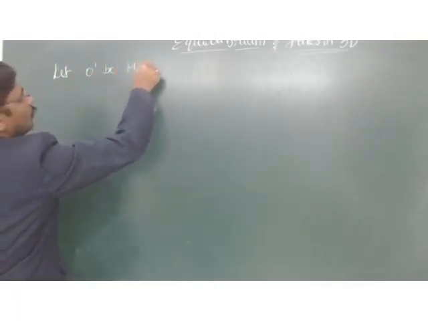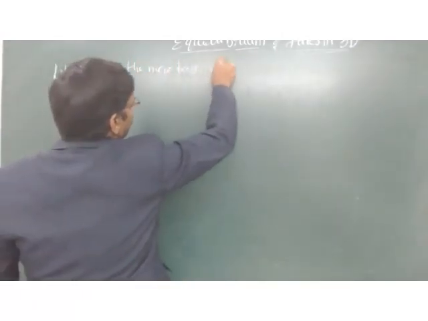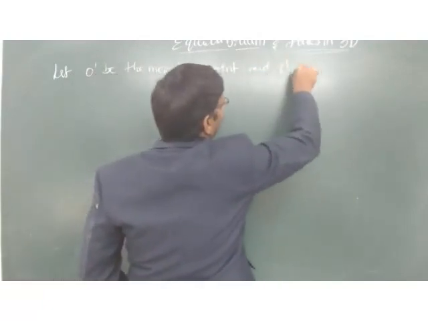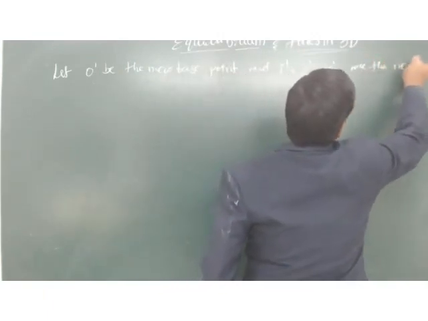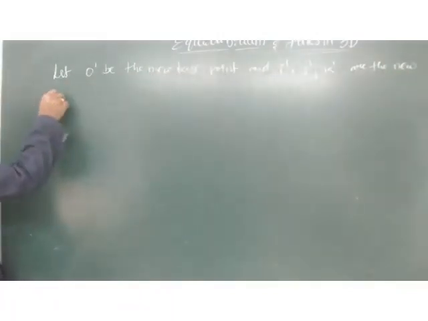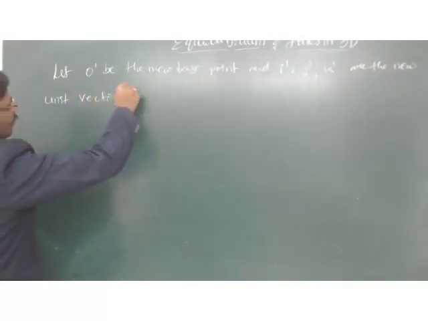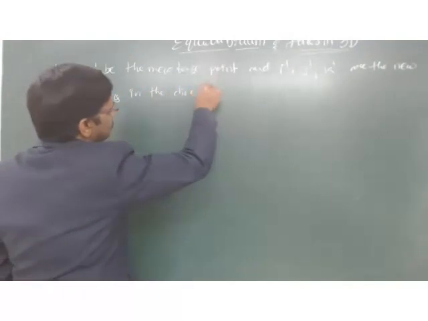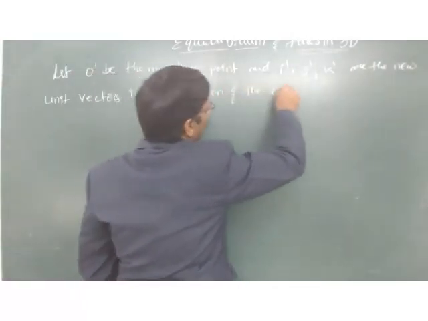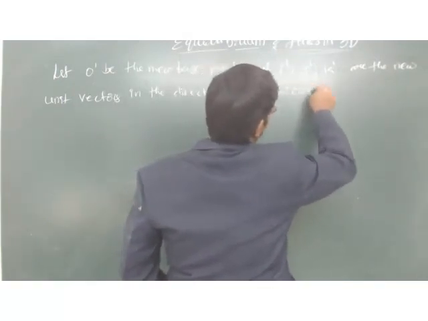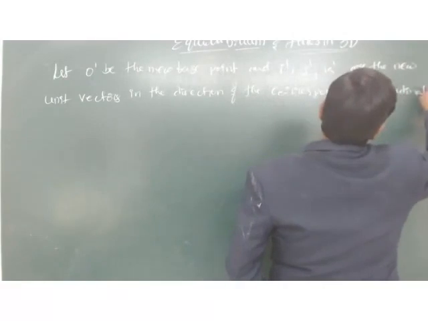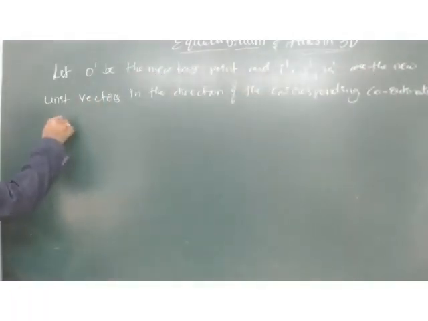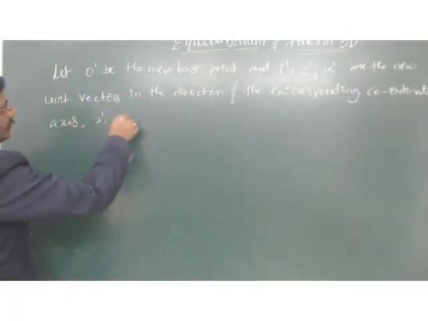So let O dash be the new base point, and I dash, J dash, K dash are the new unit vectors in the direction of the corresponding coordinate axes x dash, y dash, z dash.